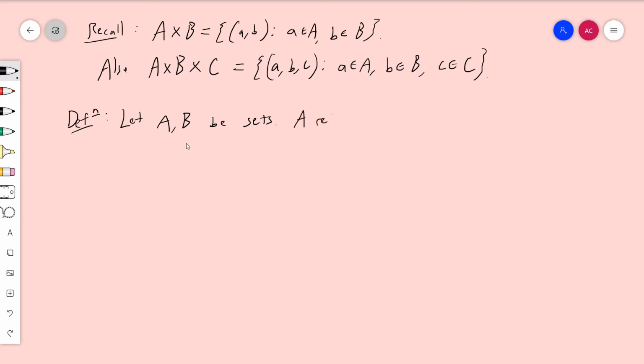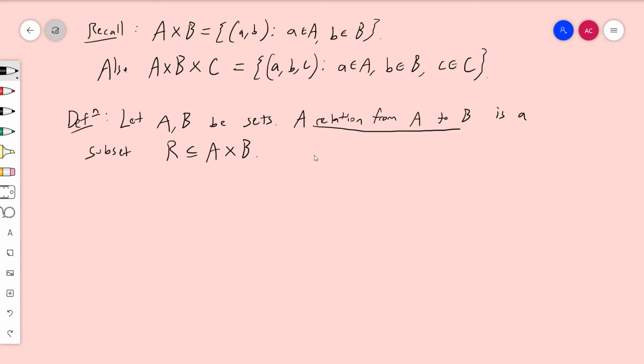A relation from A to B is a subset, I'll call it R, of the Cartesian product A cross B.